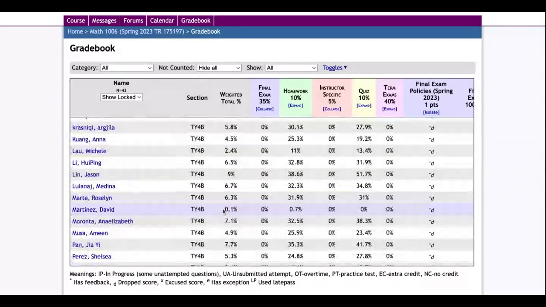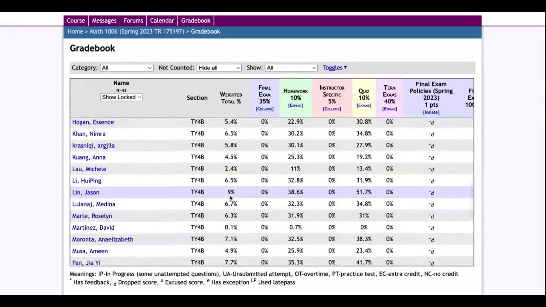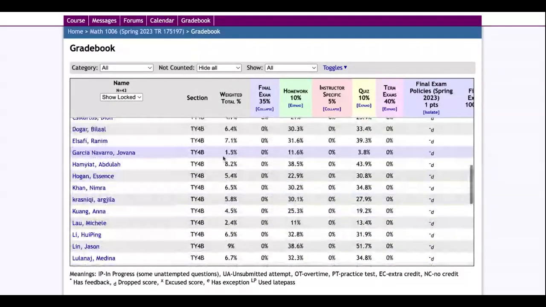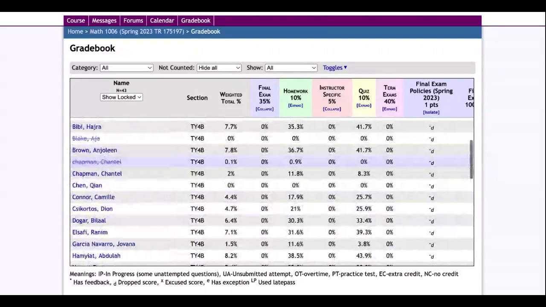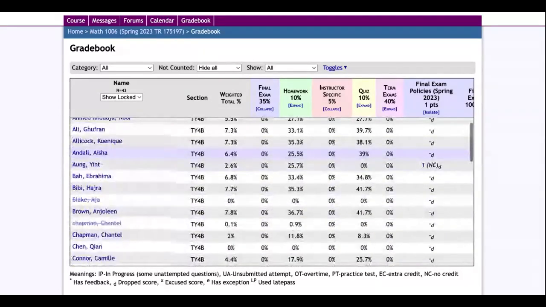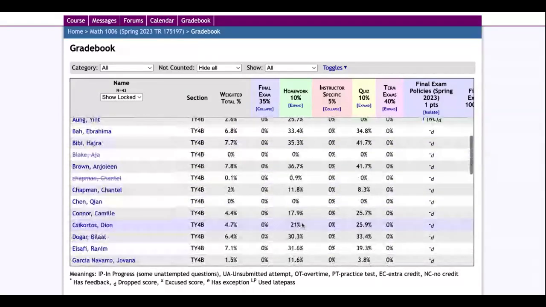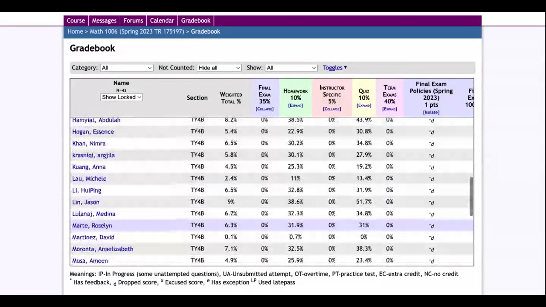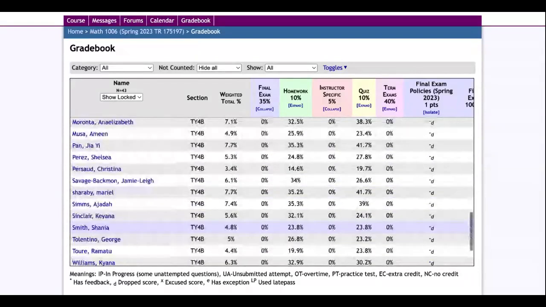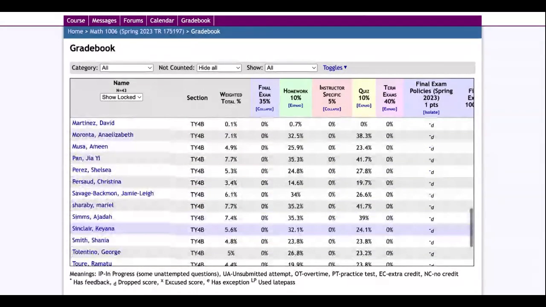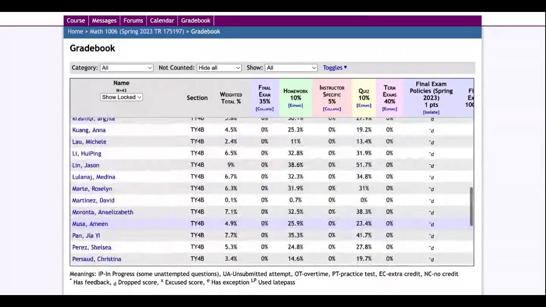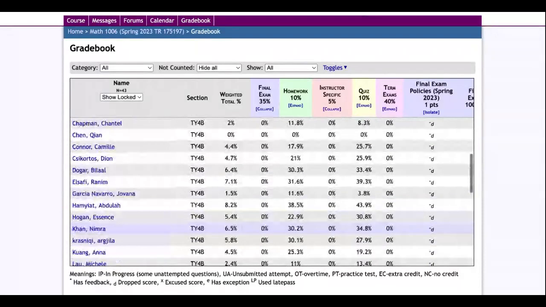David, is David here? There's only 0.1%, that's no good. Oh, the highest one is 9%, which is Jason. Homework part. Okay, most of you look pretty good. Some of you need to catch up. I guess those people are not even here.